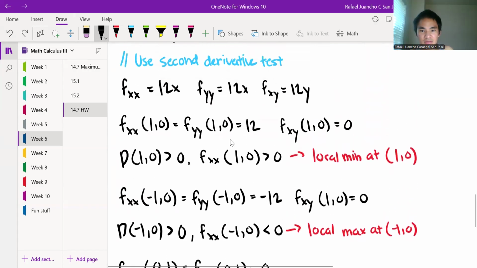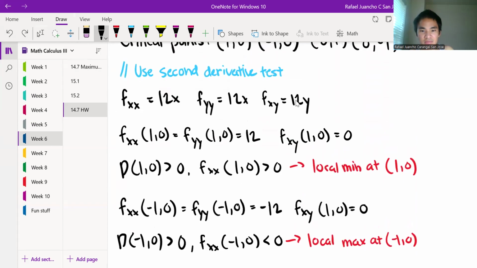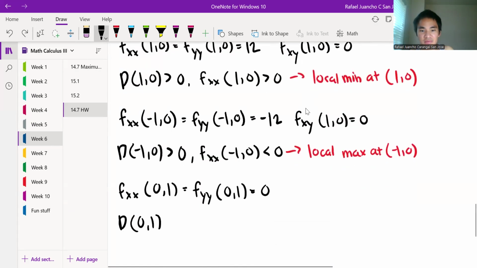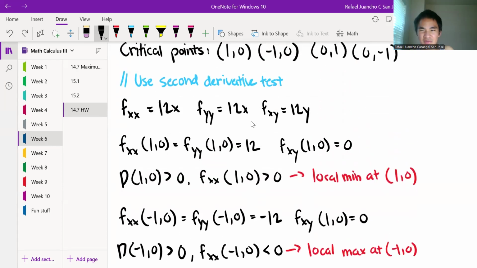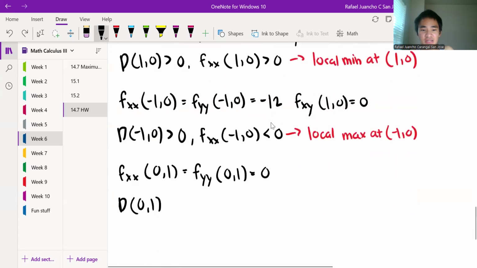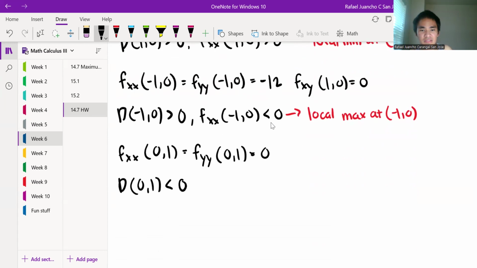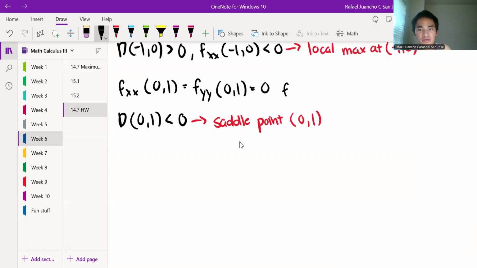Minus, this is minus xy, so 12 times 1, 12. I square that, so 144. I get 0 minus 144, so I actually get a negative value here. So if it's less than 0, then this is a saddle point at 0, 1. And then lastly, oh yeah, my fxy is negative 12, right? Because if I plug in, or no, not negative 12, 12.